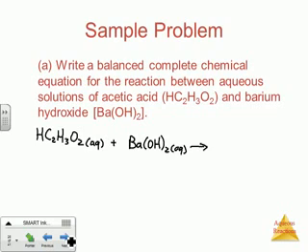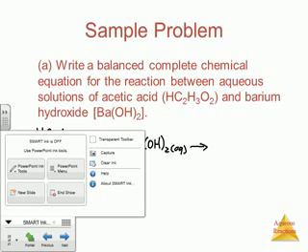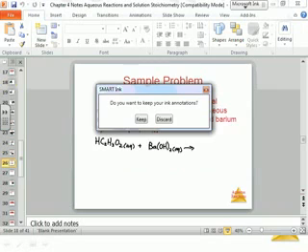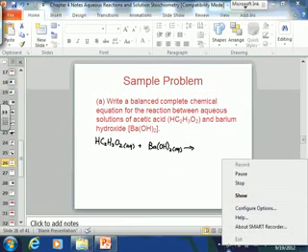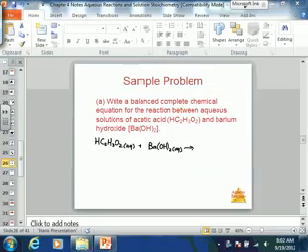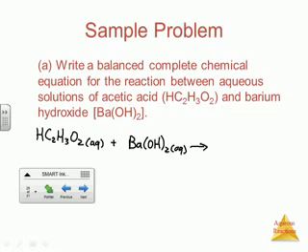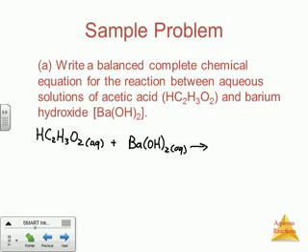So for this equation that we're writing, what we've got again is the acetic acid plus the barium hydroxide, and this is just a double replacement, just like we've been talking about.